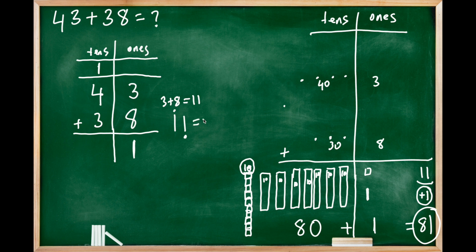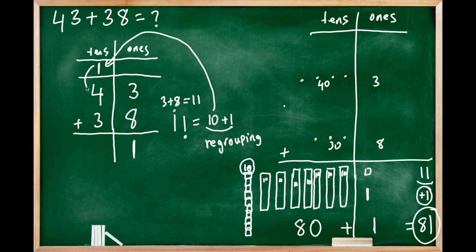This operation, as we did in the base 10 example, 10 plus 1, is called regrouping. We regroup the total number in the ones place as 10 and 1. So the 10 goes to the carryover place in the tens row.